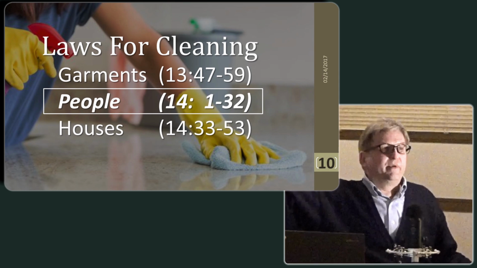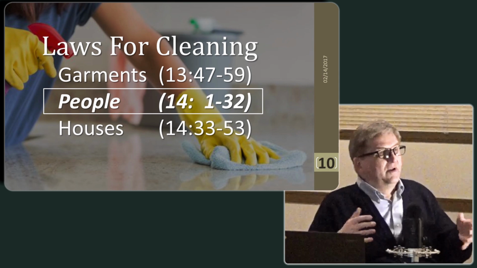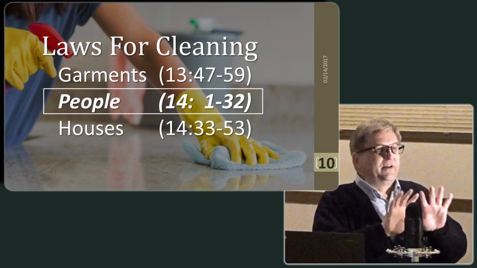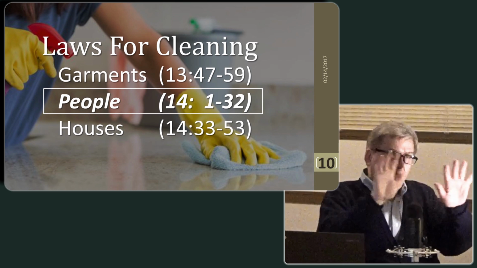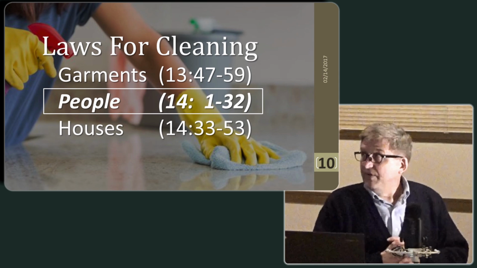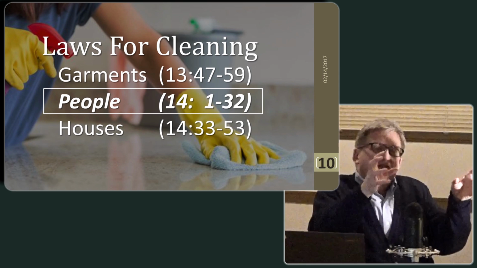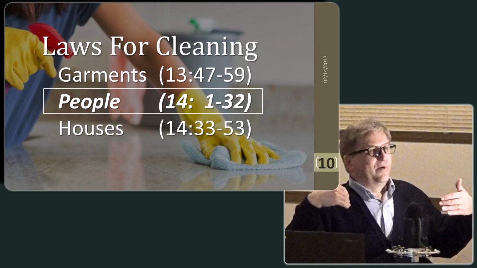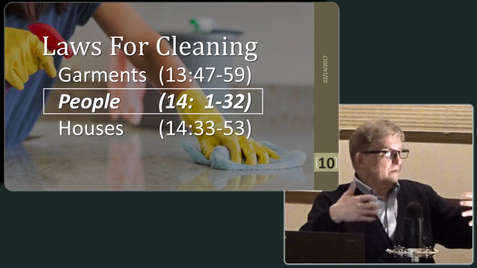The teaching on garments and the teaching on houses encloses the teaching on people. The subject is the same. How do surface anomalies, uncleanness you can see, get cleaned actually and ceremonially? But clearly, people are being treated differently. When it came to garments and houses, the processes were being shaped to the benefit of people, to minimize the chance of what we call false positives, of saying that you're contaminated when you're really not.